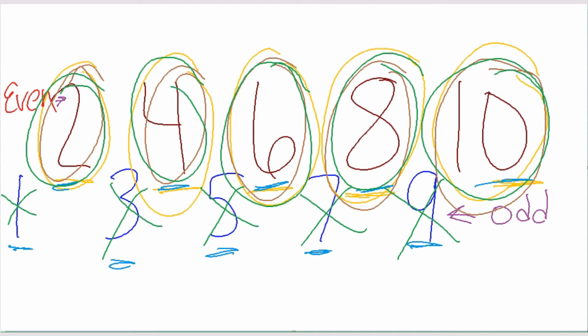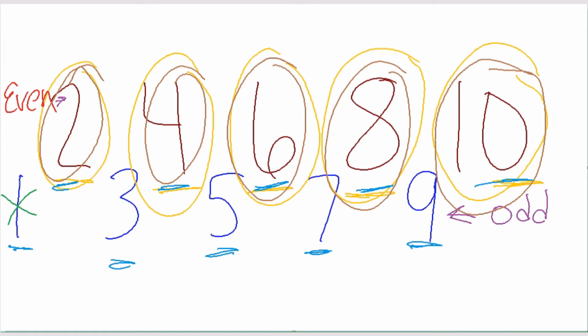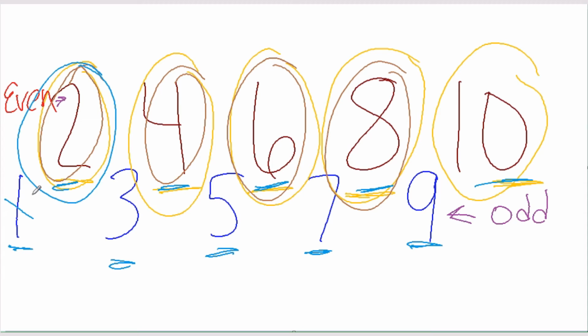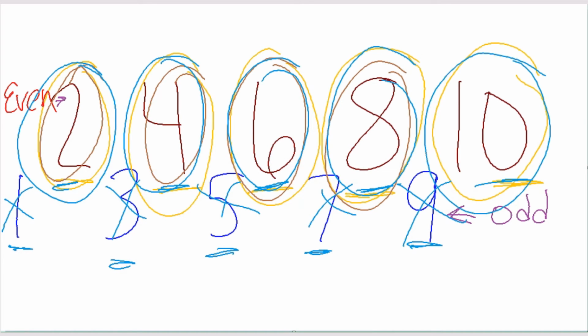So now when we're counting, we don't need to say the number that we're skipping aloud. We just need to keep that in our heads, okay? So if we were going to keep that in our heads, it would sound like this. 2, 4, 6, 8, 10.